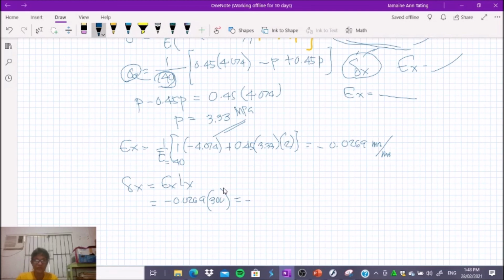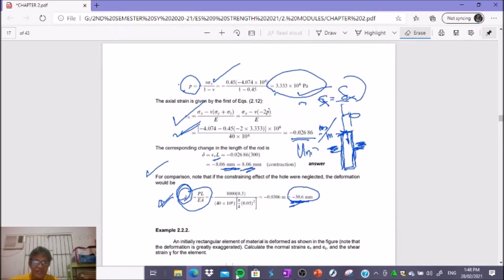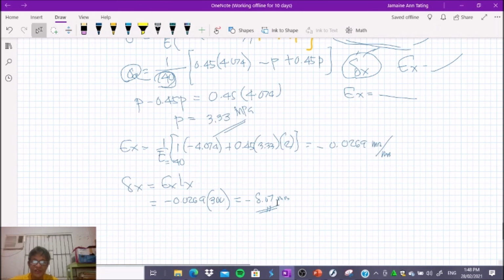And that is equal to negative 8.07 millimeters. Okay? Okay, so let's check if that's correct. Okay, so that is 8.06, no? 8.06 or 8.07 lang dito. Negative 8.07 in a way rounding up.